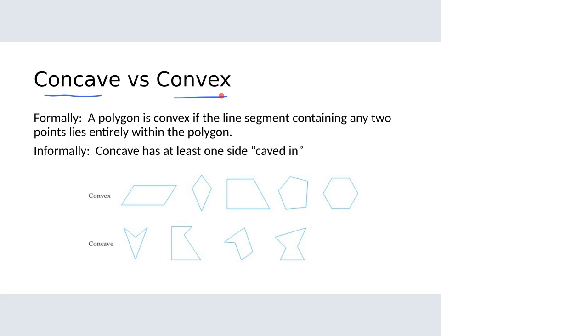And formally, we would say that a polygon is convex if the line segment containing any 2 points lies entirely within the polygon. If your head's swimming on that one a little bit, I totally understand. Formally, it's convex, which you can see from this label are the ones on top, if the line segment containing any 2 points lies entirely within the polygon.